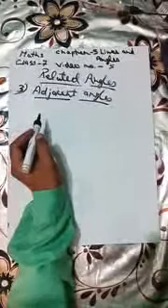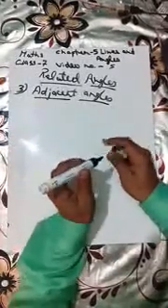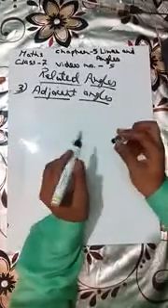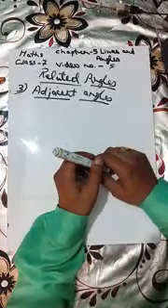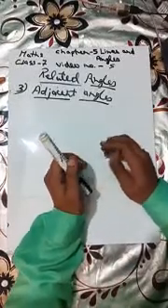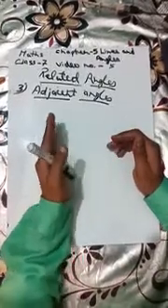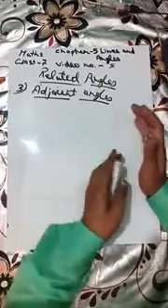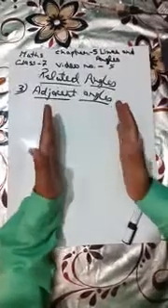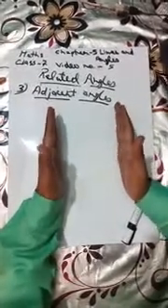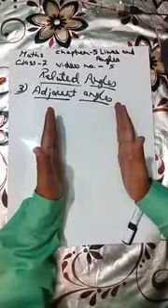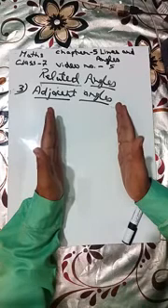Now the third is adjacent angles. See, to make you understand, adjacent angles are like two neighbors. There are actually two types of neighbors. You can see my hand, this neighbor and this neighbor, both are neighbors. They are living just opposite to each other.